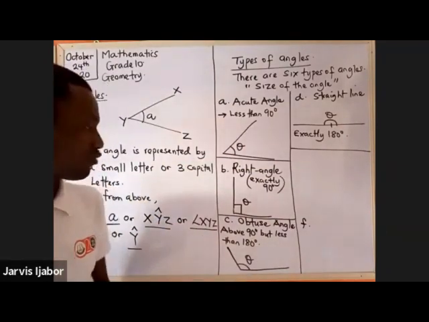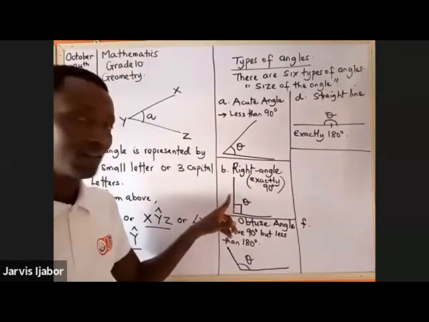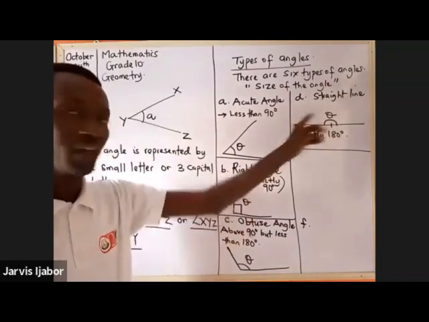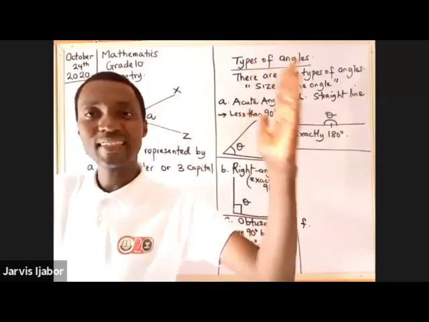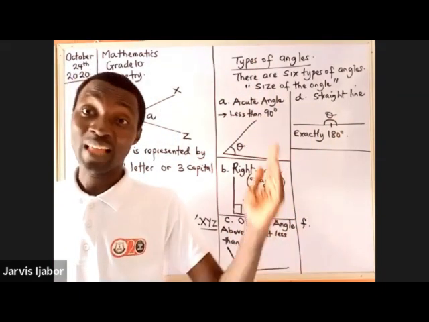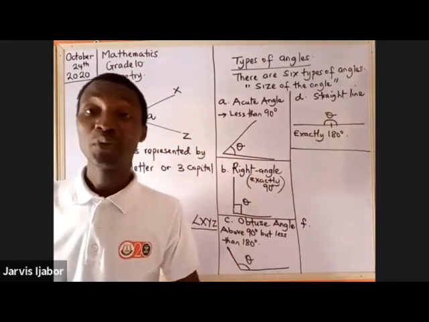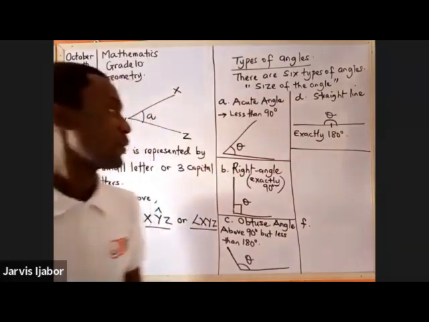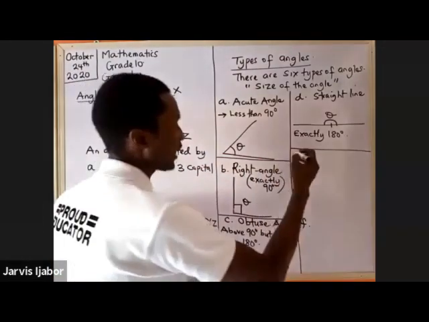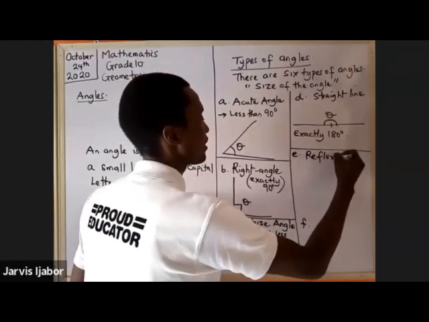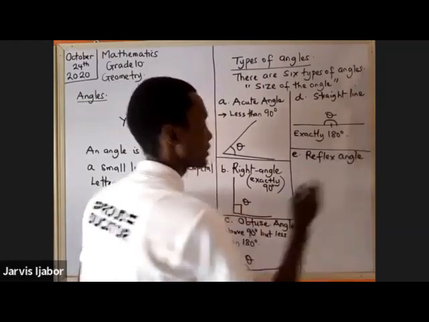It is not this one, and it is not this one; it is in between them. So any angle from 91 to 179 degrees is treated as obtuse. The next one we're going to treat is the one we call reflex. Reflex angle.